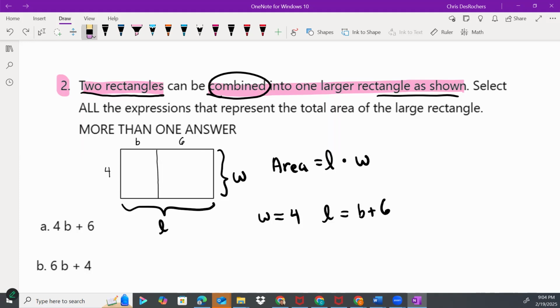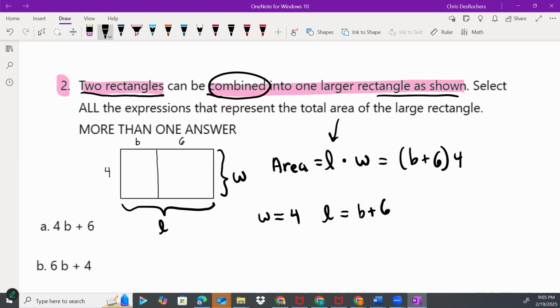All right. And so that would mean if we find the area of the length times the width, we're going to have b plus 6, that's the length right there, multiplied by the width, which is 4.